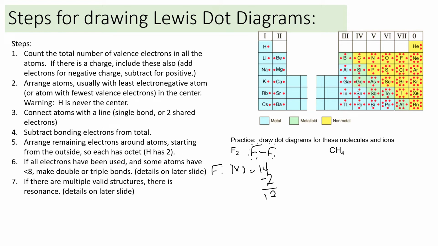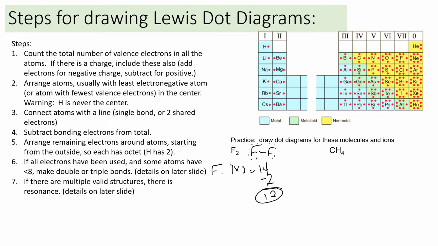And now each fluorine has 8 valence electrons. 6 dots plus the line that they both get to count is 2, so that gives them 8. I've also used up my total of 12 remaining electrons. So 14 total electrons, 2 are the bond, and 12 are the dots.